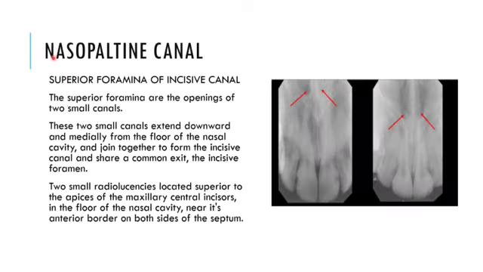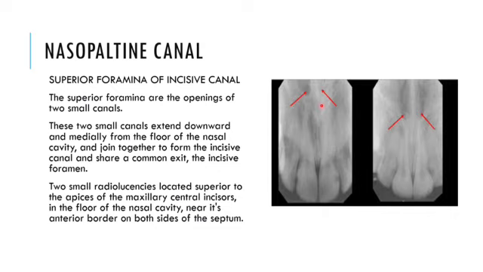So next is the nasopalatine canal, which is also called the superior foramina of the incisive canal. There are two small openings of the canals here. These two small canals extend downward and medially from the floor of the nasal cavity and join together to form the incisive canal and share a common exit, that is the incisive foramen.